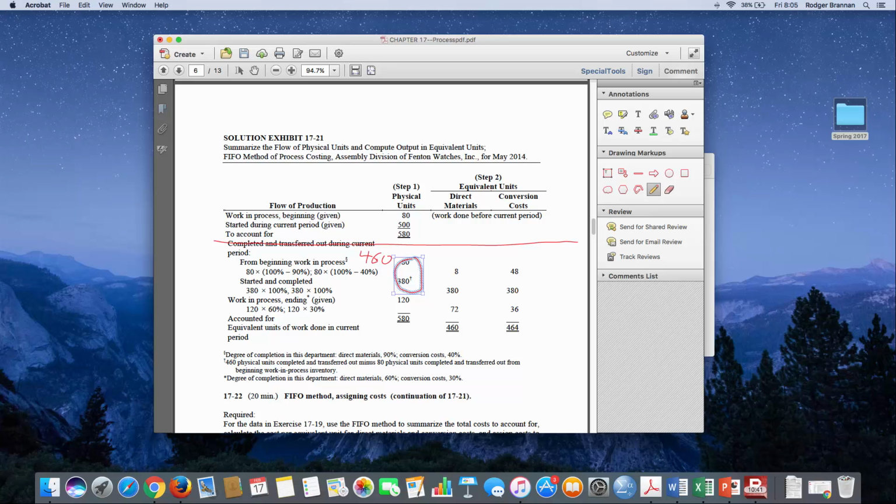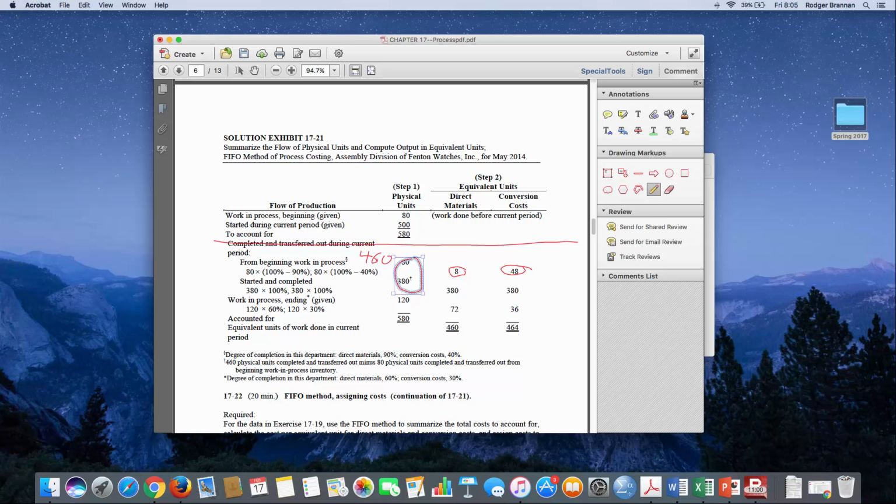So under FIFO, my assumption is I will finish them. I will add the additional materials. Take 1 minus what they were done before. If they were 90% complete, then I have to add the other 10% of materials. If they were 40% done with conversion, I add the other 60% of conversion.